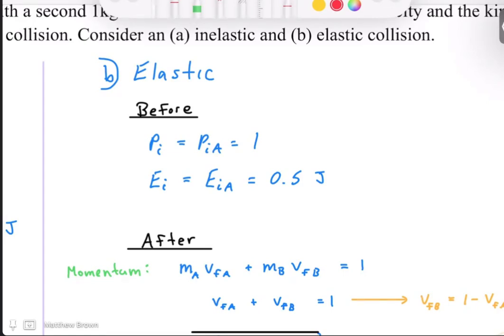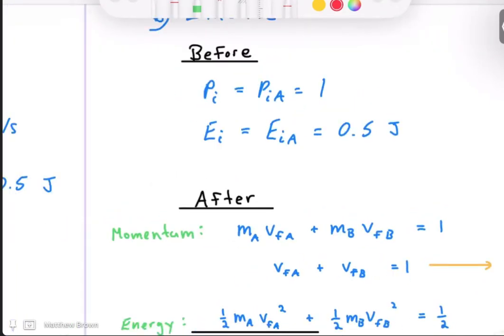If we just look at momentum, we can look at that equation, and this is basically just saying the final momentum must equal 1, because that was the momentum before the collision.